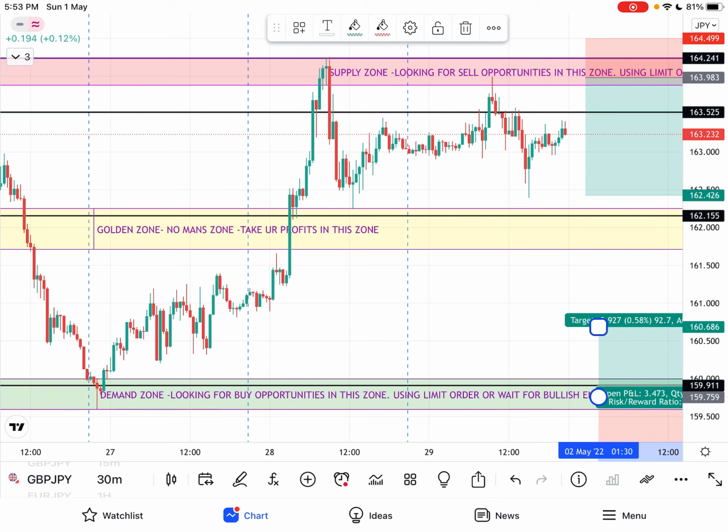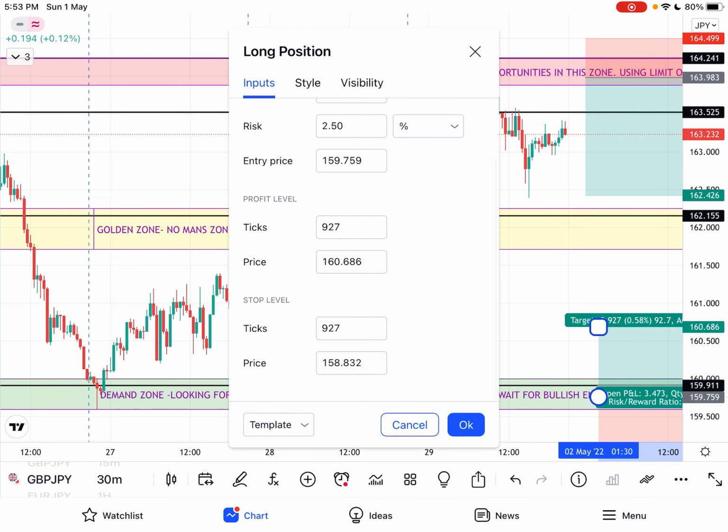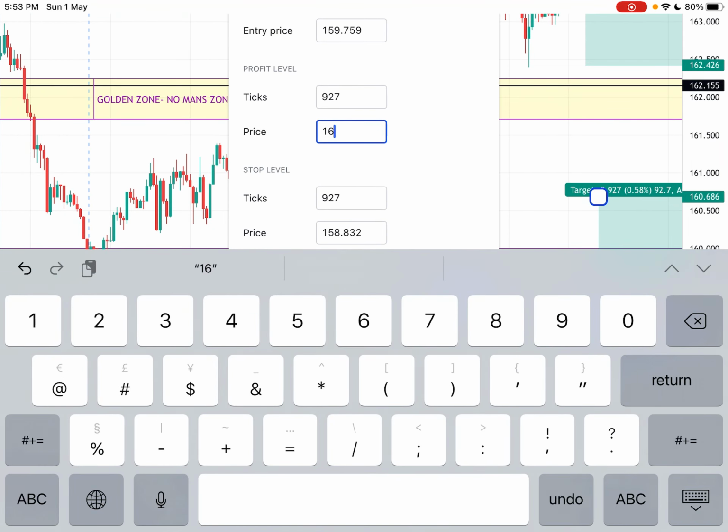So here, let's say our stop loss will be 159,600. Our take profit will be 161,500. Take profit.